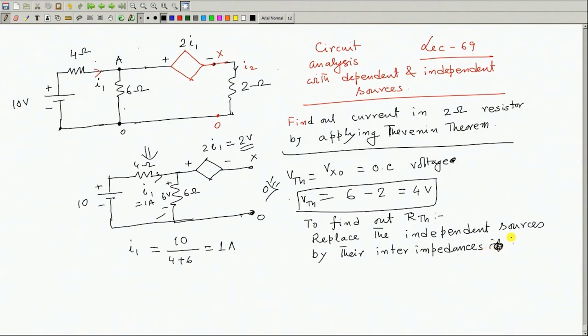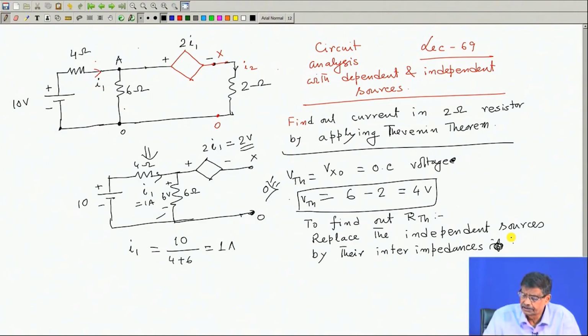For an ideal voltage source, it should be 0, so shorted. An ideal current source should be open circuited. And if finite values of internal impedances are present, I will show those values in the circuit.